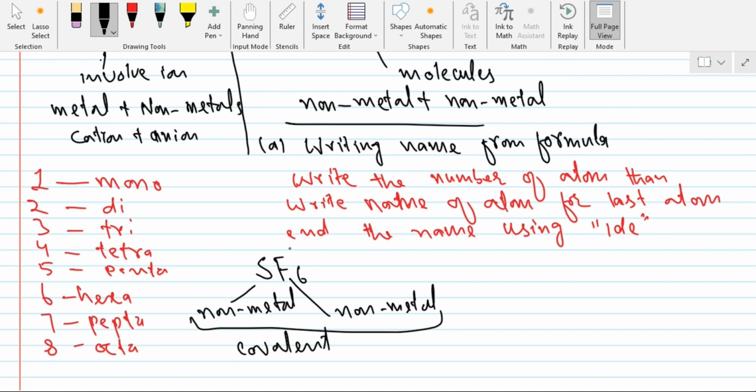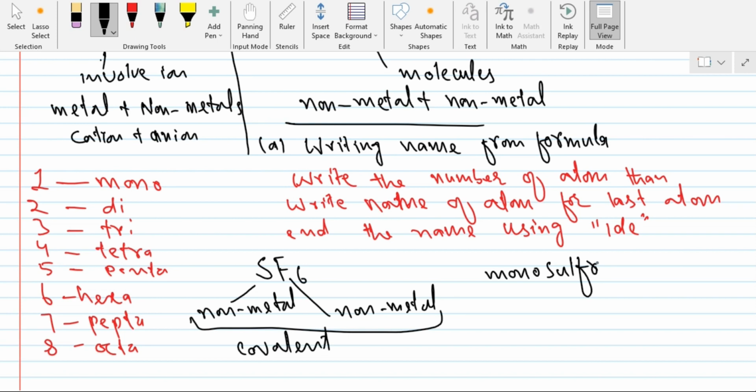We are going to write the name. How do we write the name? Just mention how many sulfur atoms you have. We have 1 sulfur, and 1 is referred to as mono, so we write monosulfur. As I said, first write the number of atoms, then the name of the atom.